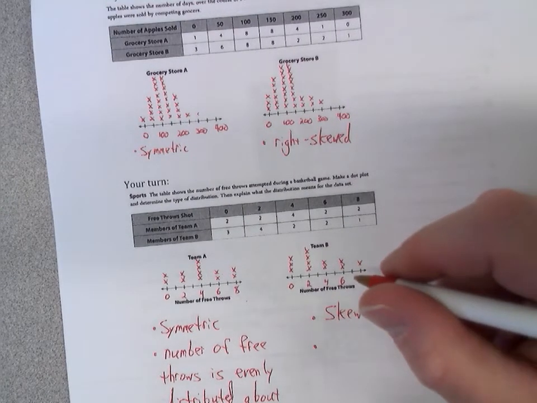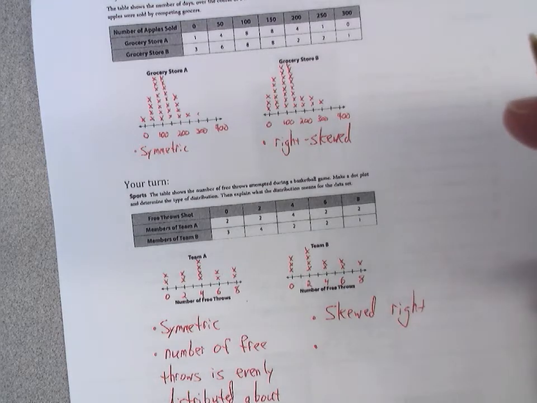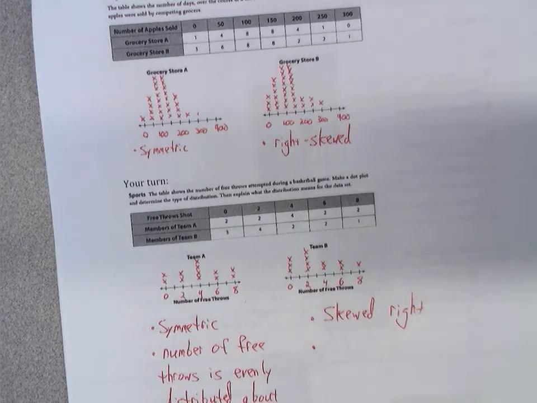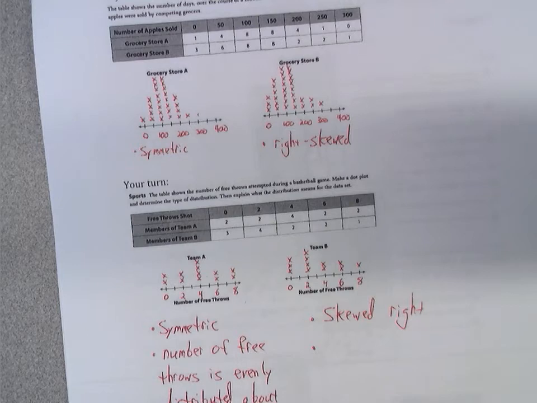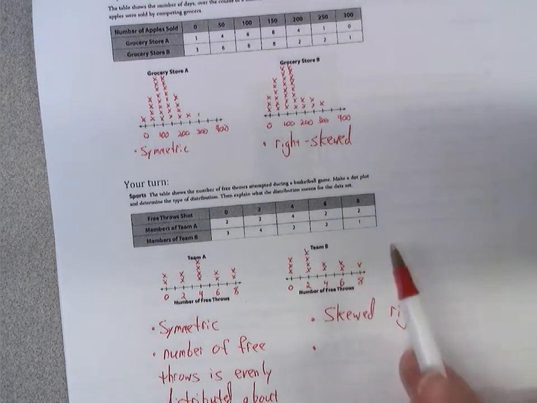And then fewer than half of the team members' shots are at a number of free throws that were greater than the mean. Okay, so you can see most of this is over here. Again, if the mean is in the middle, you can see fewer than half.